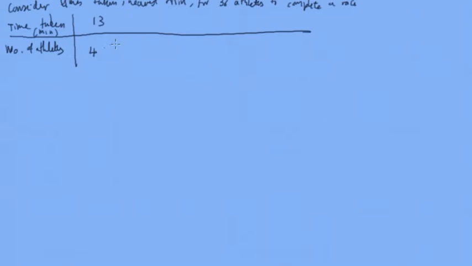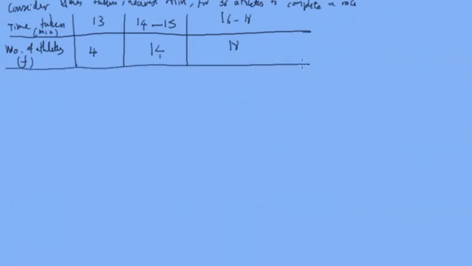And there are 4 athletes who took 13 minutes. Between 14 and 15 we have 14 athletes, and between 16 and 18 minutes we have 18 athletes. So this is a frequency. Now we're going to have gaps, so we're going to redo our table.